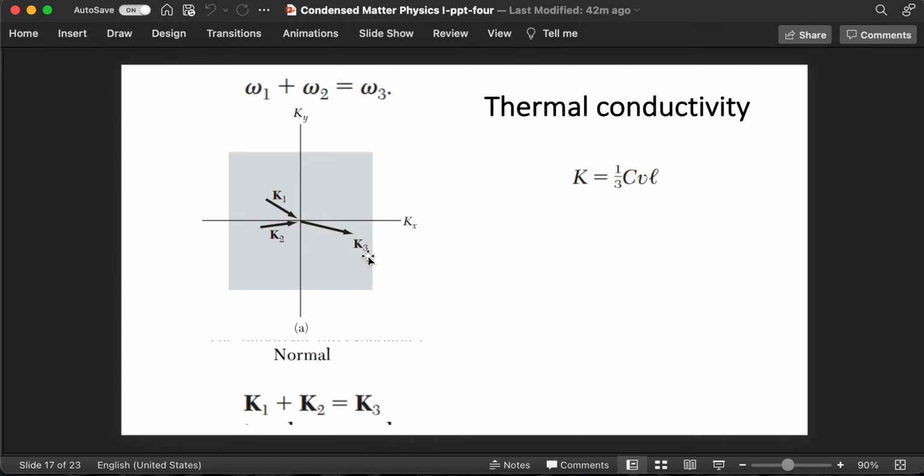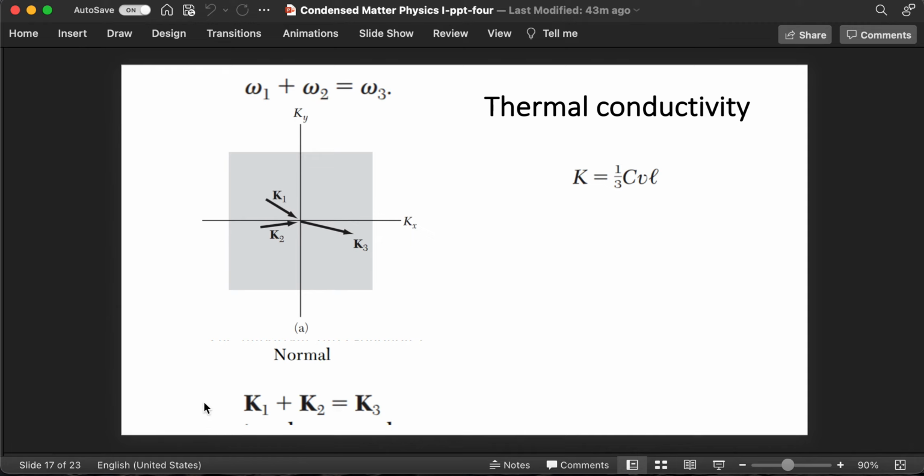Of course, you can talk about this in terms of creation and destruction operators like you do in the case of a quantum harmonic oscillator, but I don't want to go into that here. This is just a way to represent it. Of course, you can also represent it using normal vector addition. That's also fine. So now the problem here is obviously energy is conserved, but the momentum is also conserved.